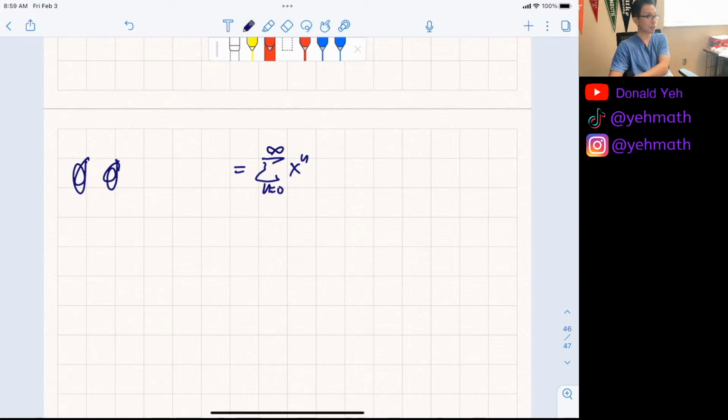Which function is represented by x to the n? No, this is a power series. This power series is represented by some type of f of x.